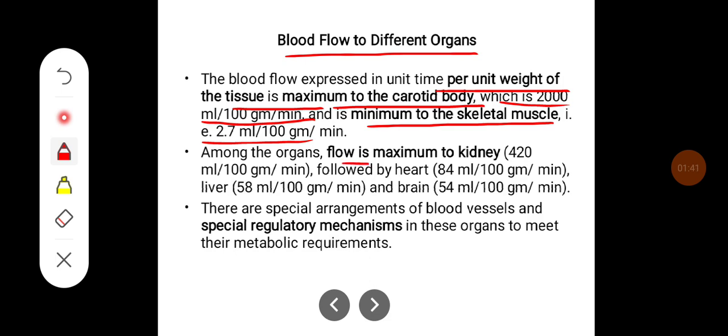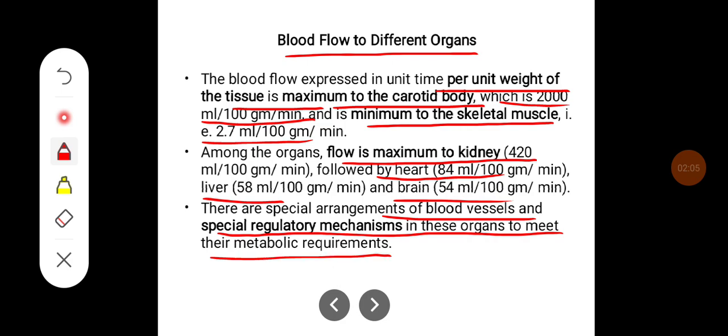Among the organs, flow is maximum to the kidney, around 420, followed by heart, around 84, and then liver around 58, and then the brain around 54 ml per 100 gram per minute. There are special arrangements of blood vessels and special regulatory mechanisms in these organs to meet the metabolic requirements.